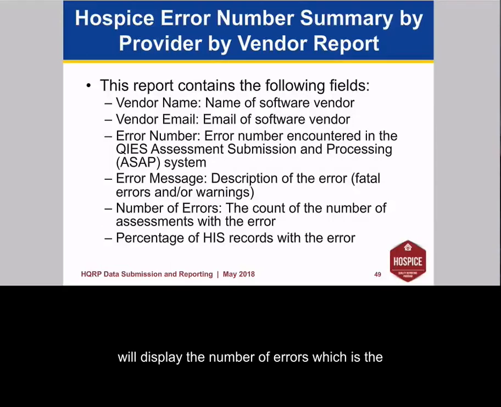The report will display the number of errors, which is the count of HIS records with the error, and finally the percent of HIS records with the error. This report helps determine and report vendor-specific issues, such as recurring fatal errors.